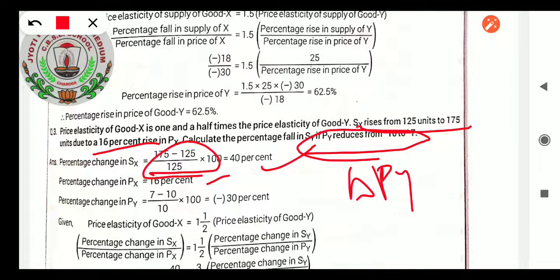The same formula we used for supply will be used: current price, that is 7, minus initial price 10, divided by initial price, that is 10, into 100. We got minus 30%. We came to know how to calculate the percentage change in supply and percentage change in price. Given price elasticity of goods X equals 1.5 times price elasticity of goods Y.